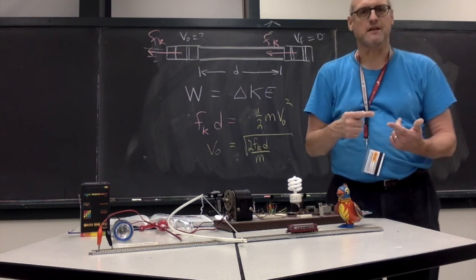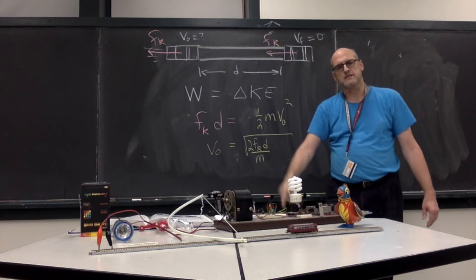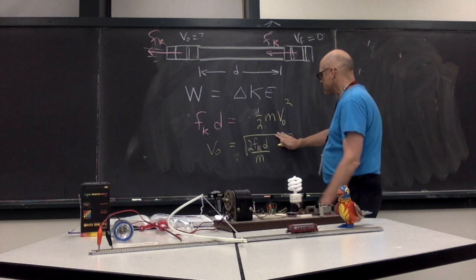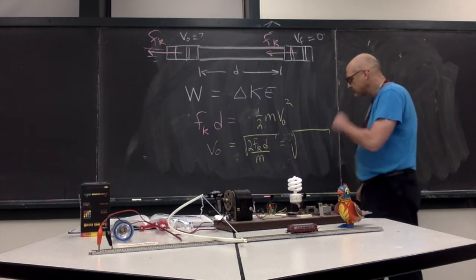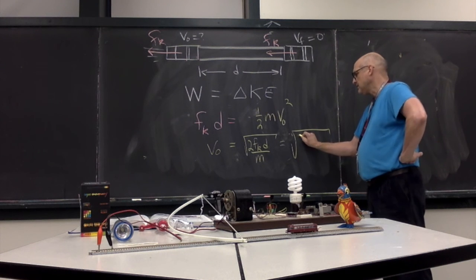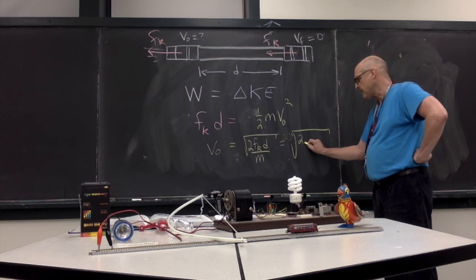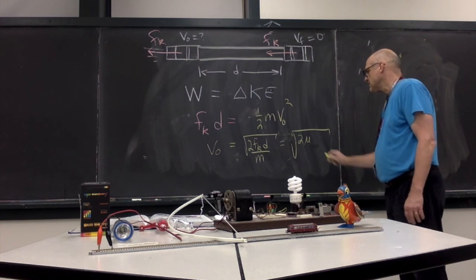Now what's interesting is since weight is m times g, the mass of the car gets canceled out. So what you end up with is that the speed is equal to the square root of 2 times this coefficient that I talked about, which you don't really need to know about in this course.